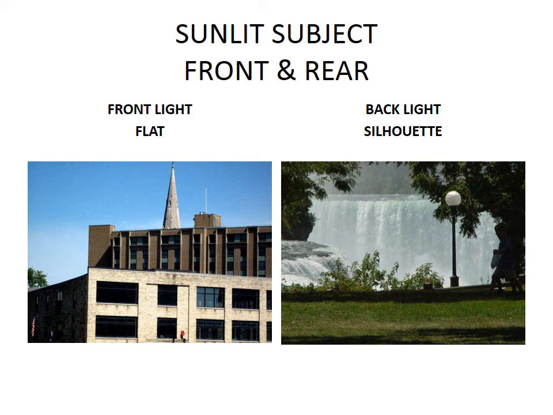An example on the right is a silhouette where the light is the Niagara Falls and the trees that bracket the picture and frame it, and the persons in the picture to the right are in the shadow because the falls is backlighting the scene.